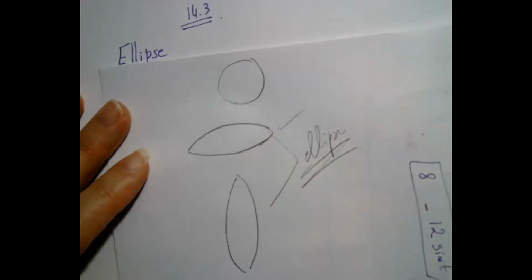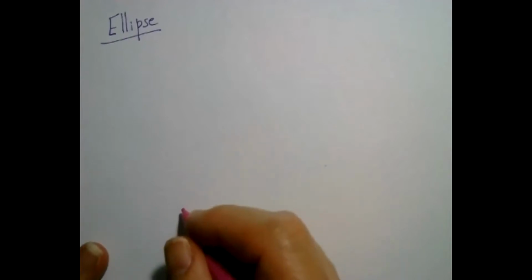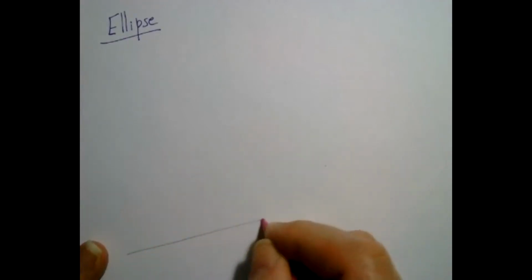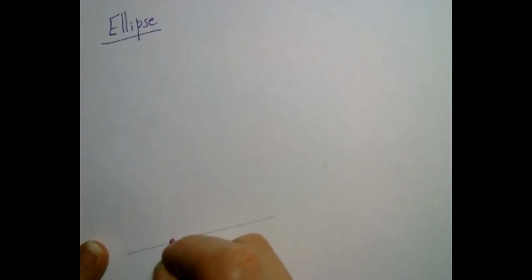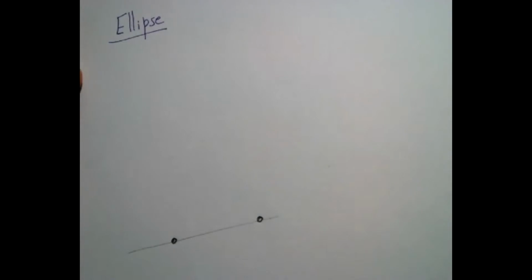Okay. Now, geometrically, what is an ellipse? To have an idea what it is. Geometrically, the ellipse is the following.